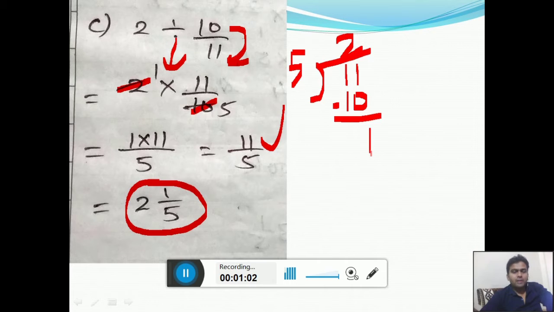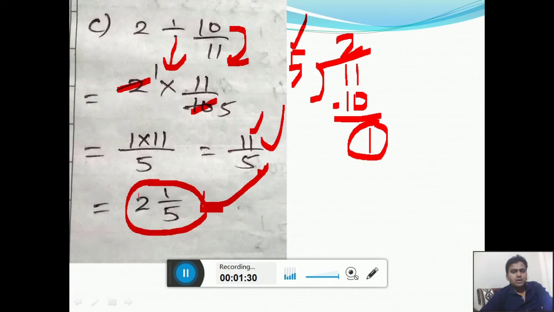You have to divide the numerator by the denominator until you get a remainder less than the divisor. When you get this, then you stop dividing. No need to find the answer in decimal. Don't continue it. Now this is the procedure for changing an improper fraction into a mixed fraction.